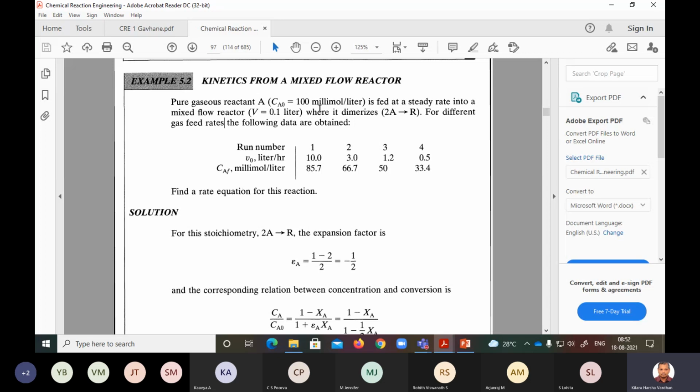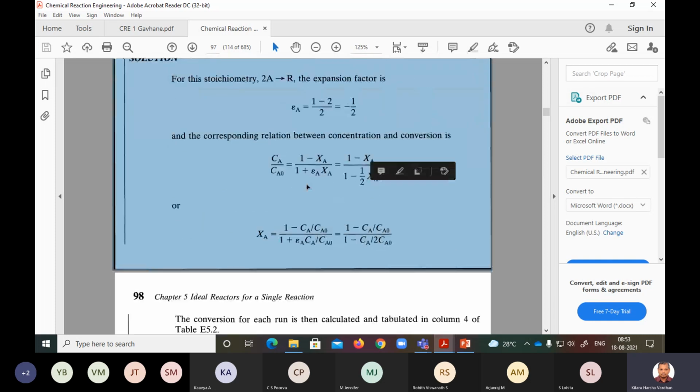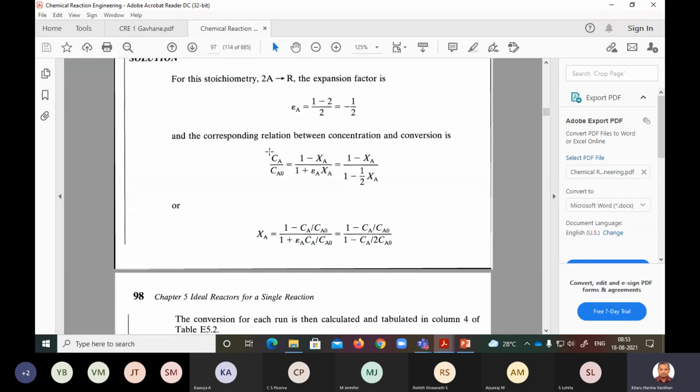So he is telling it is a mixed flow reactor. V0 is given, that is, volume is given, and the volumetric flow rates are also given here, right? We know that for a gas phase reaction, Ca by Ca0 is 1 minus Xa by 1 plus epsilon A Xa.